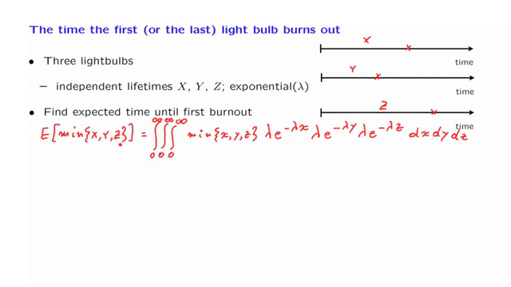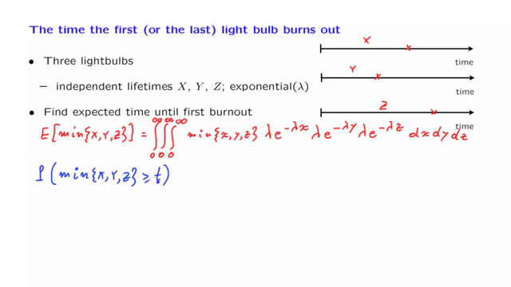So we can try to calculate the cumulative distribution function of the minimum of the three. So for the cumulative, we would be looking at the probability that the minimum of these three random variables is less than or equal to a certain number. It turns out that the calculations are a little faster if we look at the probability that this is larger than or equal to a certain number.